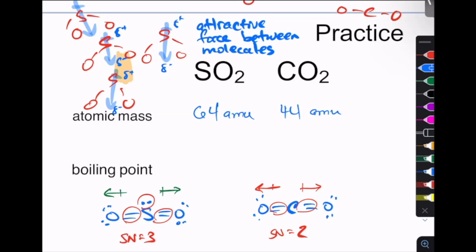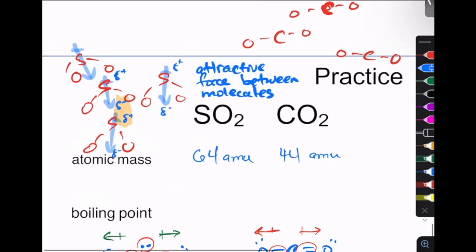So if we want to take sulfur dioxide and figure out what its boiling point is, for example, that's going to be the energy necessary to get those molecules separated from each other so that they go from the liquid phase to the gas phase. Same is going to be true if we were to define what the boiling point is for carbon dioxide. But look, carbon dioxide doesn't have any extra attraction between the molecules.